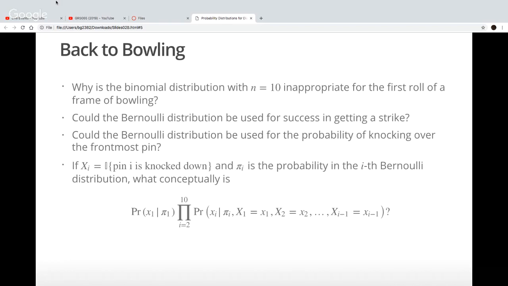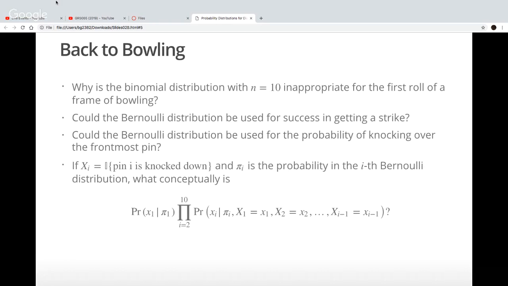So that gives us a joint probability distribution for the first two pins, multiplied by a Bernoulli for the third pin, given that the first and the second were or were not knocked down, the 4 combinations that could happen to the first two pins. So we have probability of 2 times conditional probability of 3. And so what does that give us? Right? Or a trivariate probability distribution.